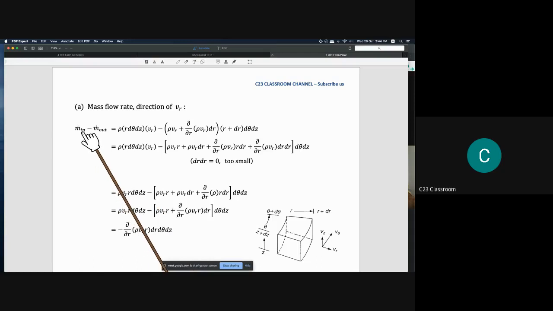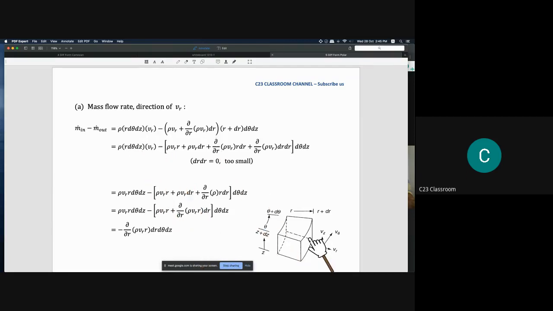So the idea is mass flow rate in minus mass flow rate out, and we could calculate that. The mass flow rate in will become rho A V, where the area A is r d theta, the length of this one, times dz. So we have r d theta dz as the area, the velocity is Vr, and rho is the density.